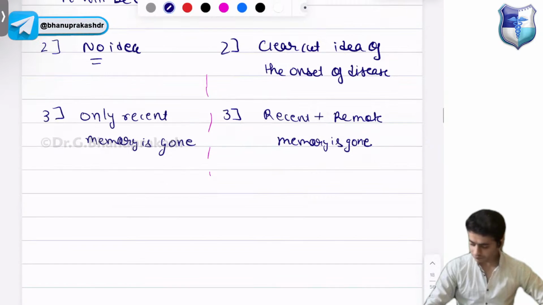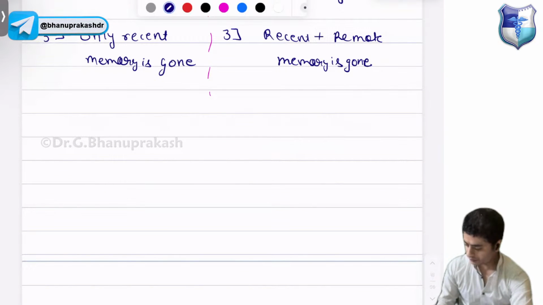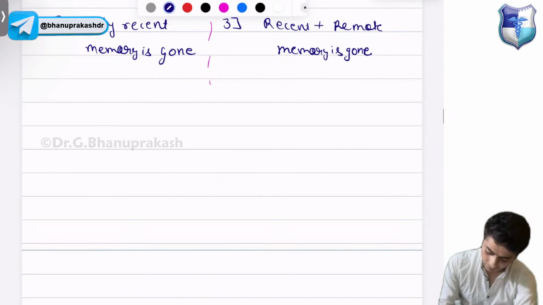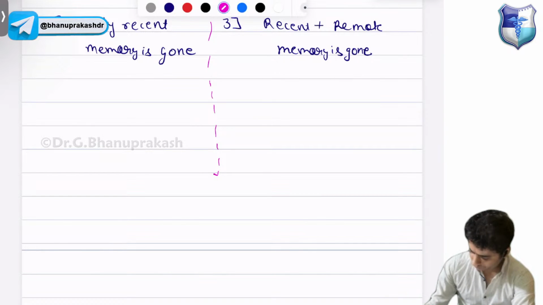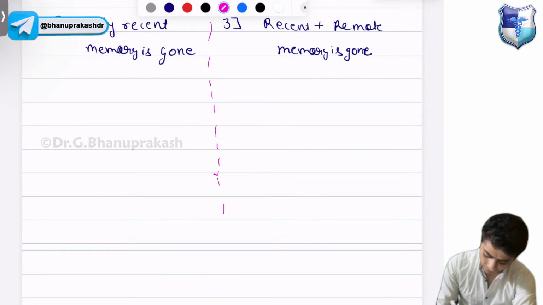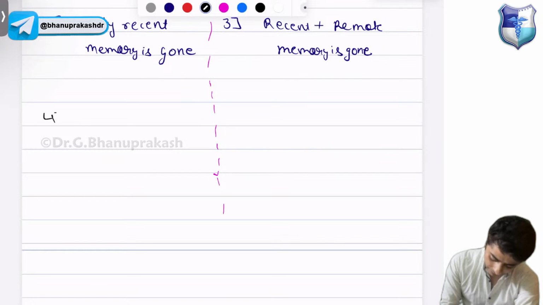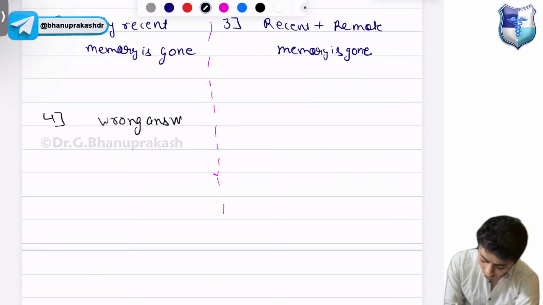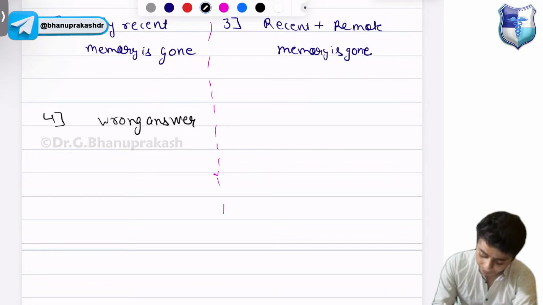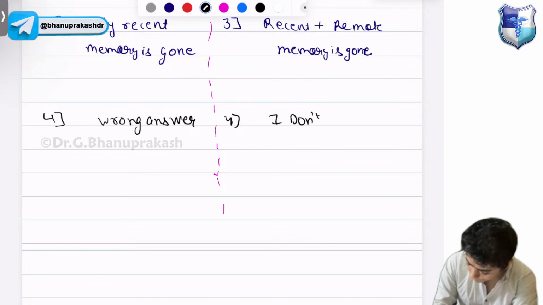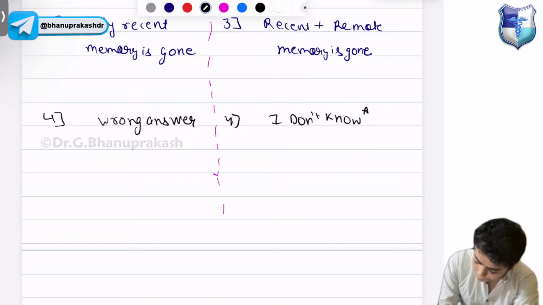Other point: a patient of dementia will give you a wrong answer, but a patient of depression will say, "I don't know."